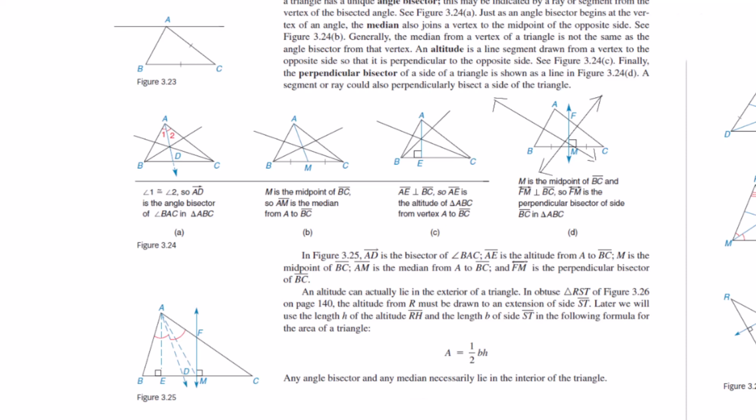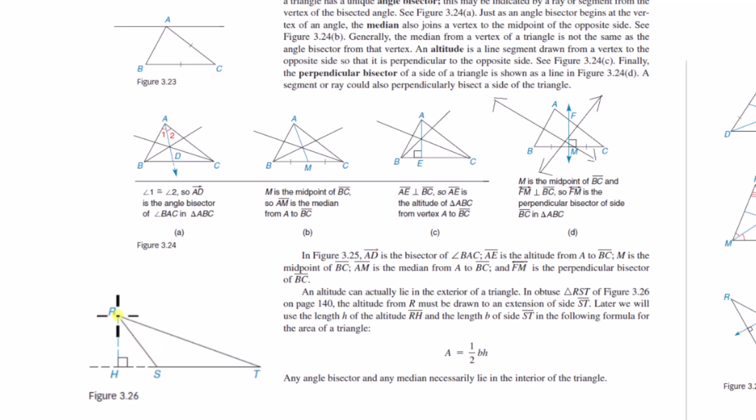And this makes sense because, if we come to this triangle here, how could an angle bisector or a median not be on the interior of the triangle? For the angle bisector, you're bisecting the angle associated with the vertex, so you're going to be going down into the center of that triangle, and it's similar for the median. You're going to the middle of the side that's opposite the vertex. So just by definition, you're always going to be in the interior of the triangle.